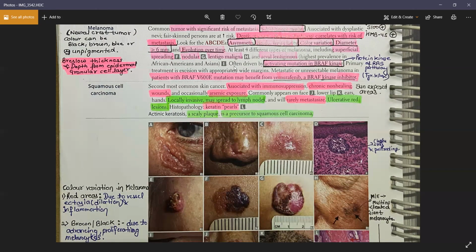Okay, all these melanomas are often driven by mutations in the BRAF kinase. Okay, and you guys already know about other cancers which can happen because of this BRAF kinase mutation. Can anyone tell me? Papillary thyroid, non-Hodgkin's lymphoma, melanoma, and hairy cell leukemia.